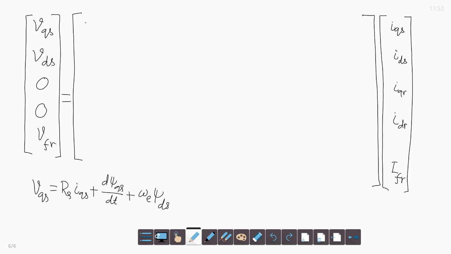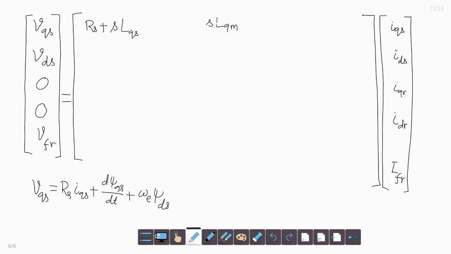So, VQS is RS plus, in d by dt we will replace d by dt by the Laplace operator S. So, RS plus S LQS, S is the Laplace operator, times IQS, then plus the mutual inductance, S LQM times IQR, then omega E psi ds.